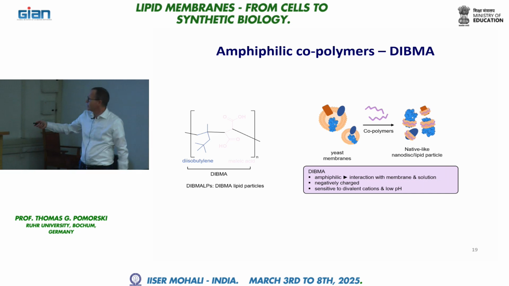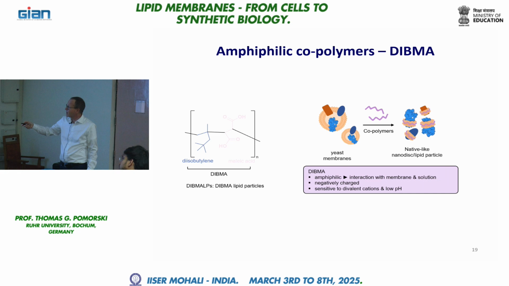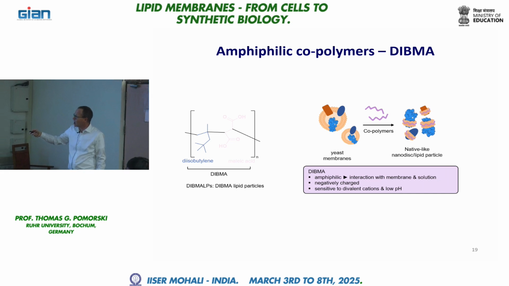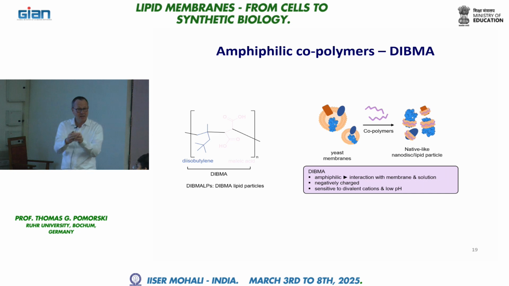So if I use these type of copolymers, add them to my membrane, I would hope to catch out my membrane protein with the lipids that are close in the vicinity of this membrane protein. And when I then analyze what lipids are there, that would tell me whether these are just all the lipids that I can find in the membrane, or is it a subset that forms a particular shell around my membrane protein, which is important for the function?